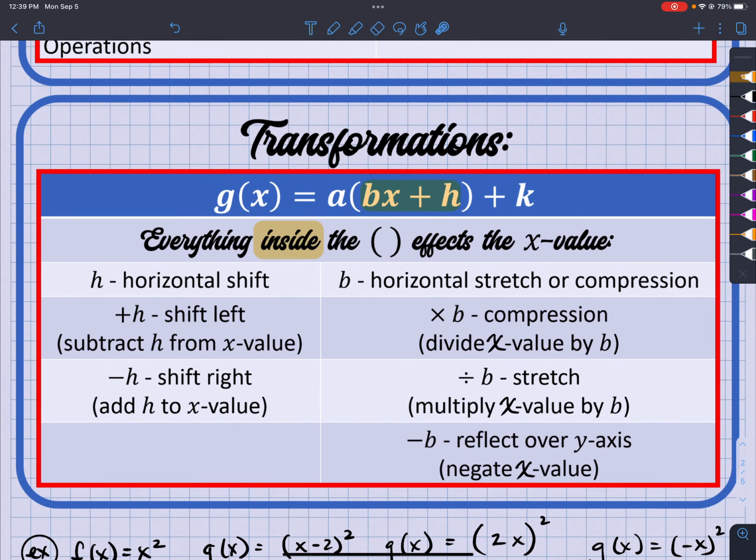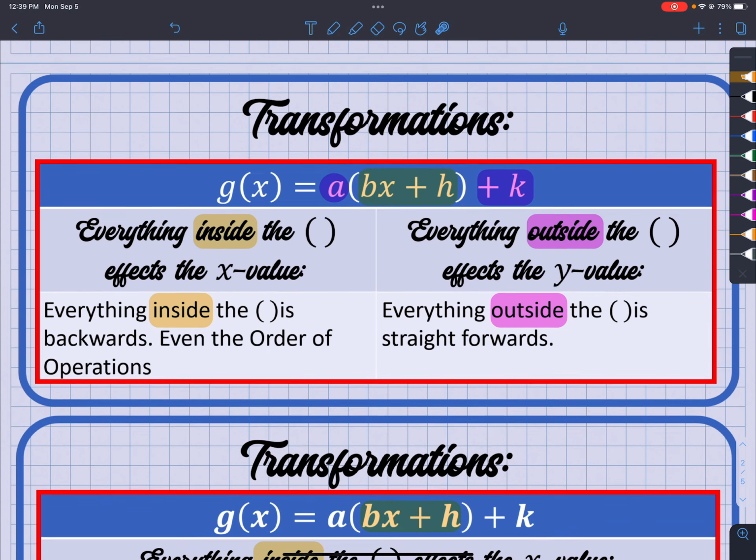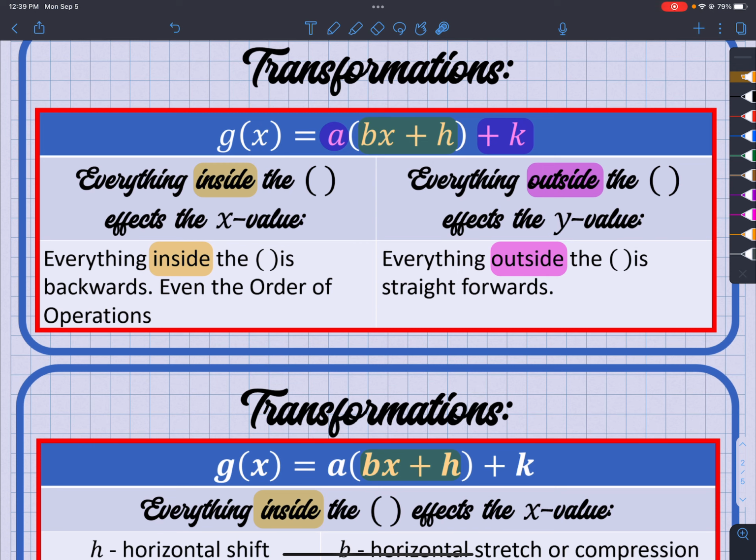All right, so let's continue on. Everything inside the parentheses affects the x value. We already said that. However, everything inside the parentheses not just affects the x value, but it is backwards.